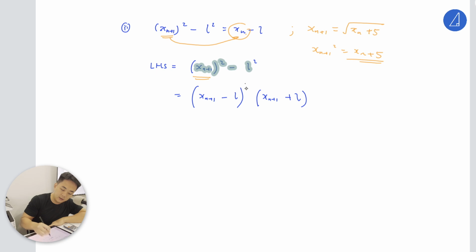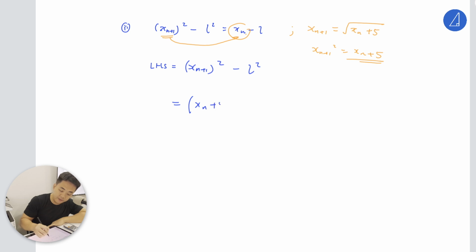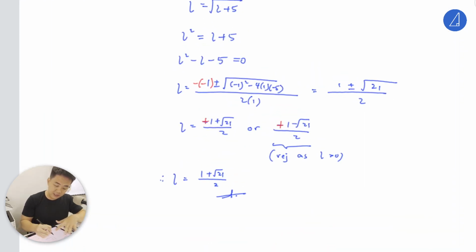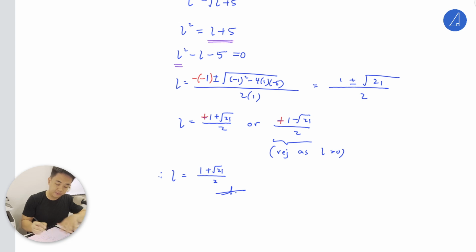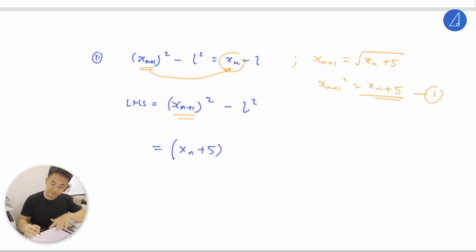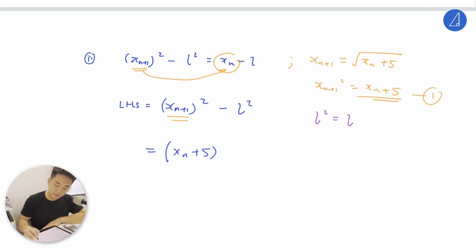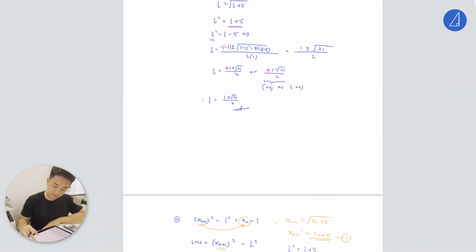So xn plus 1 squared will be xn plus 5, and L squared is L plus 5.